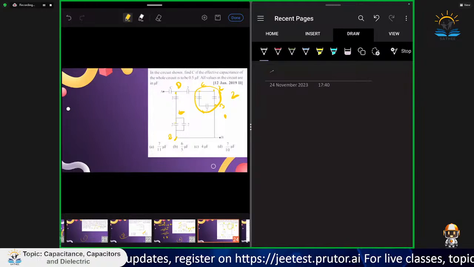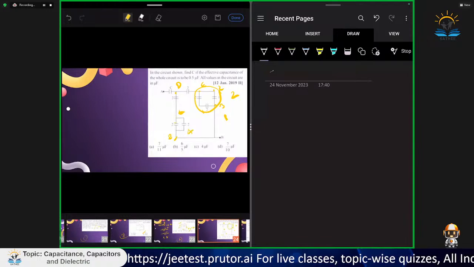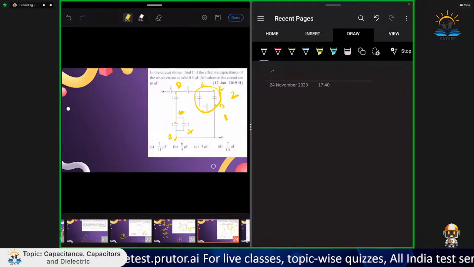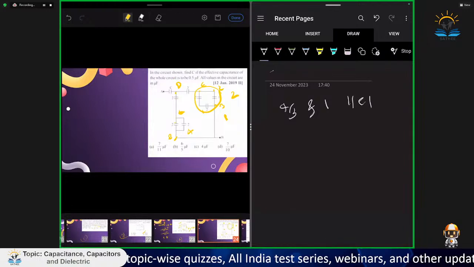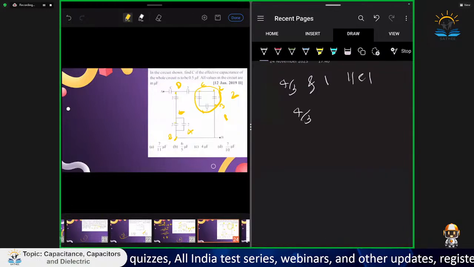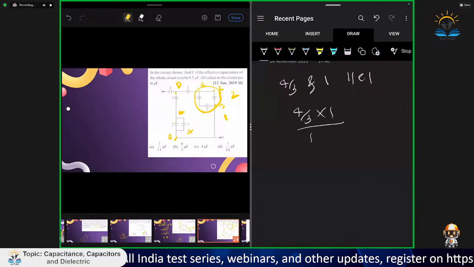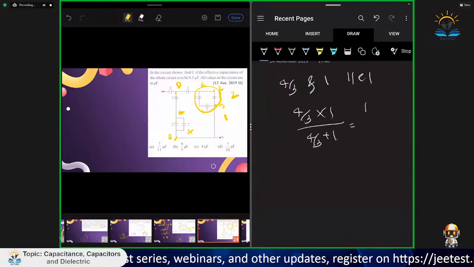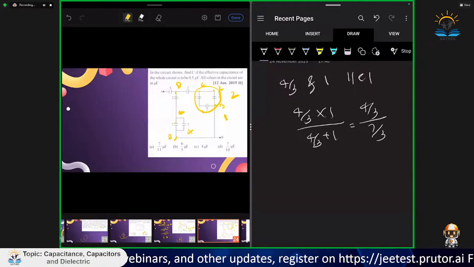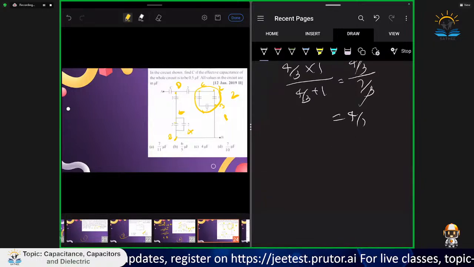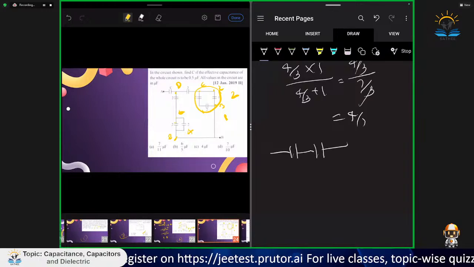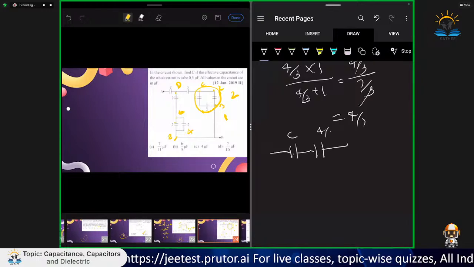Here 2 and 2 are in parallel, so it becomes 4, right? 4 and 2 are in series: 4 into 2 upon 6, 8 by 6, 4 by 3. So 4 by 3 and 1 are in parallel. So it becomes 4 by 3 into 1 upon 4 by 3 plus 1, that is 4 by 3 upon 7 by 3, right? 4 by 7. So this is C, this is 4 by 7.